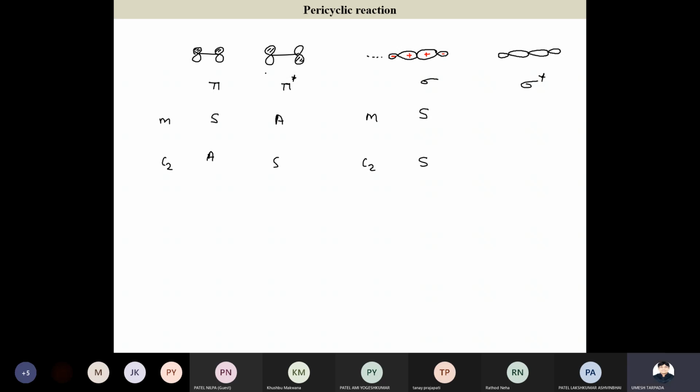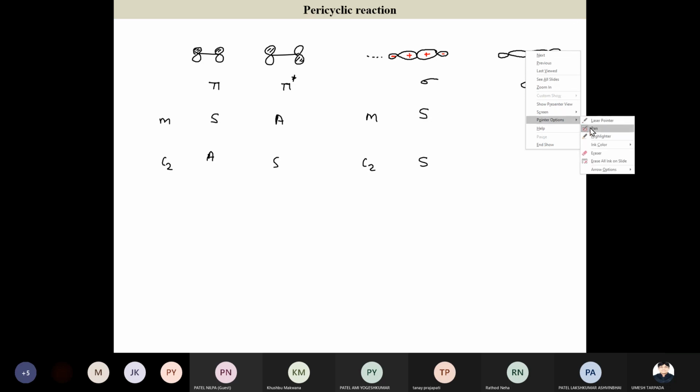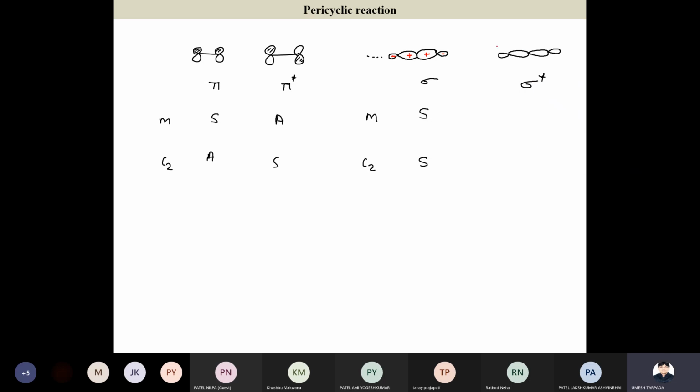What about sigma star? What is called sigma star? First let us understand it. Sigma star is nothing but, here it is plus and here minus.